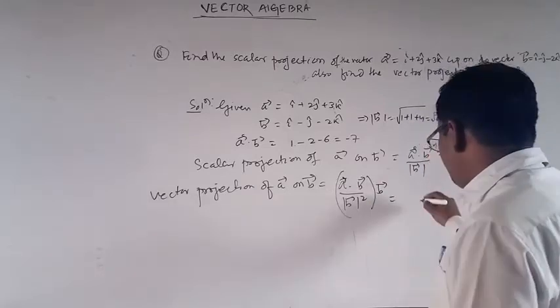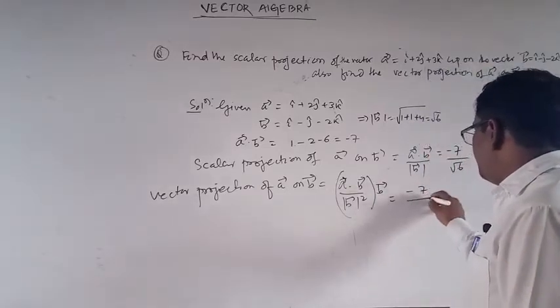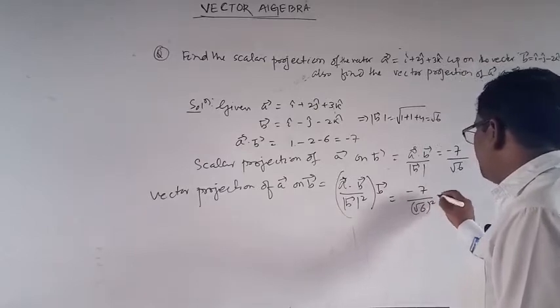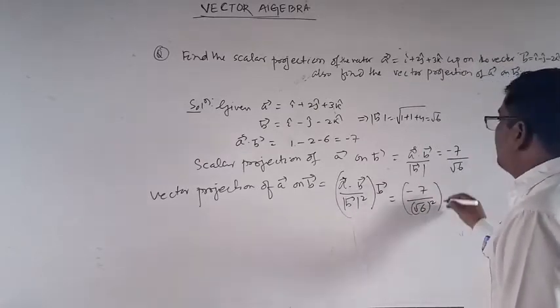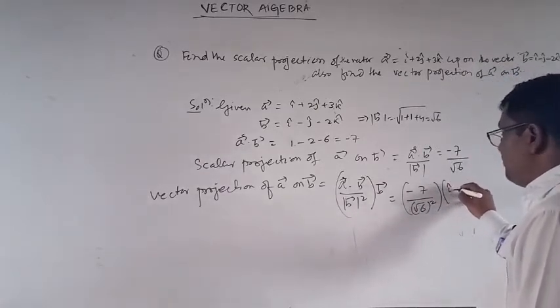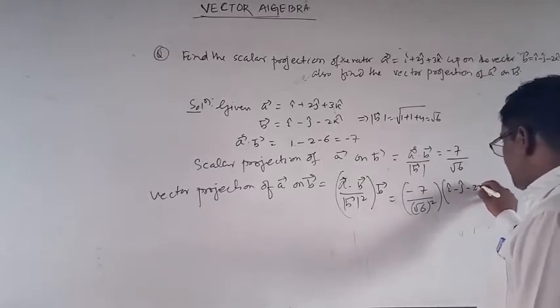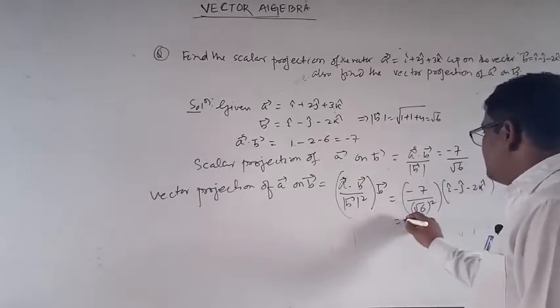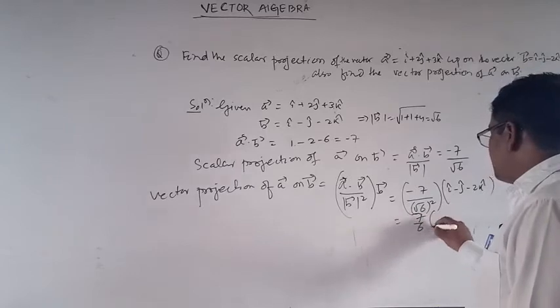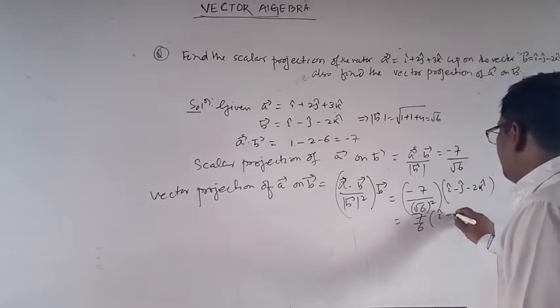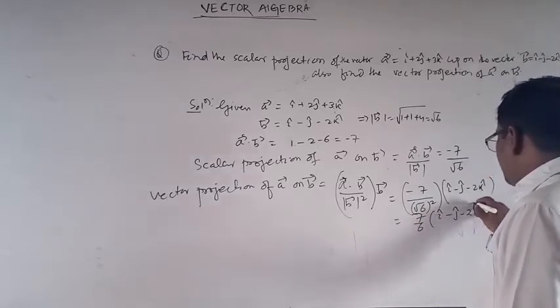So A dot B is equal to minus 6, divided by root 6 whole square, into B vector, that is i cap minus j cap minus 2k cap. So this is equal to 7 by 6 into i cap minus j cap minus 2k cap.